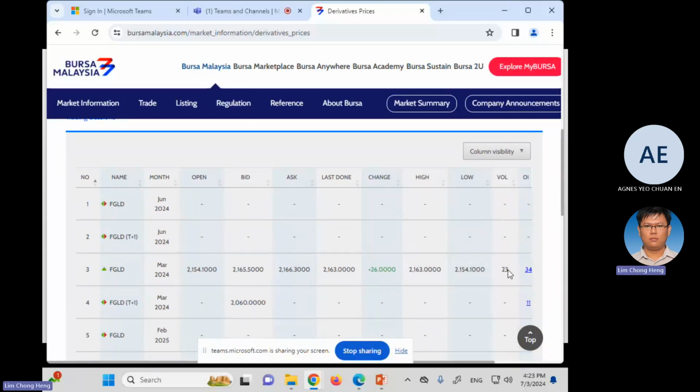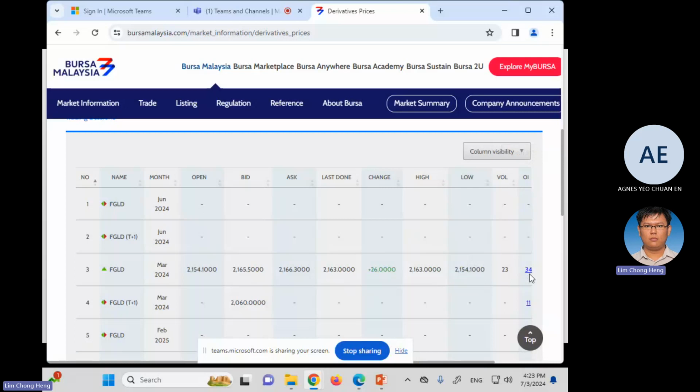Okay, you go and see the gold. Suddenly a lot of people buy and hold. But how many contracts are in the market? 34 contracts only. The rest you'll see no transaction. Open interest means how many active contracts are in the market. That means if you buy, you have not yet closed your position.